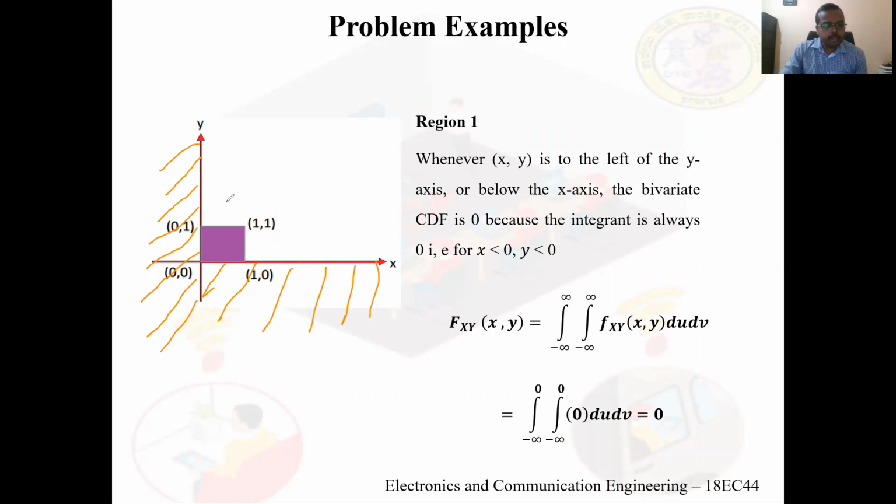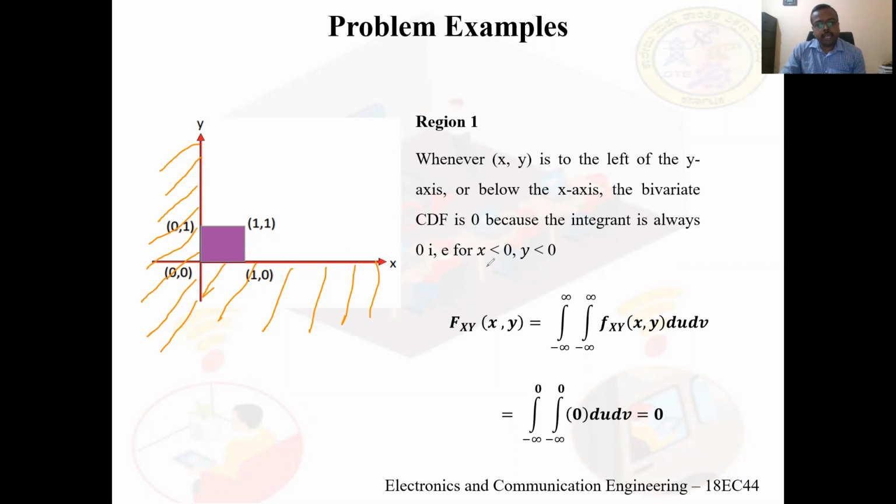So anything below 0, it means to the left of the y-axis, this region, and below the x-axis, this region, the bivariate CDF is what? It is equal to 0 because it is only defined on the square region here, right?